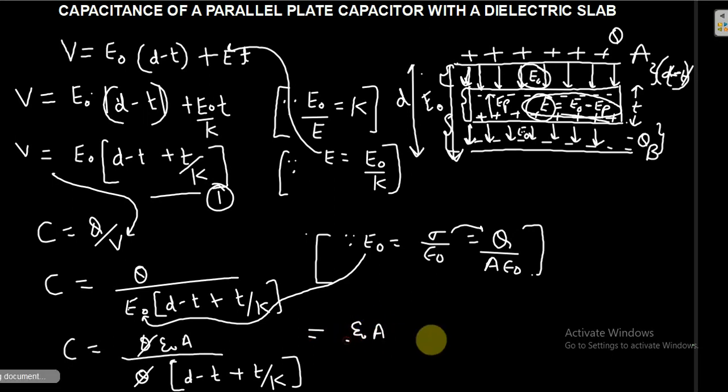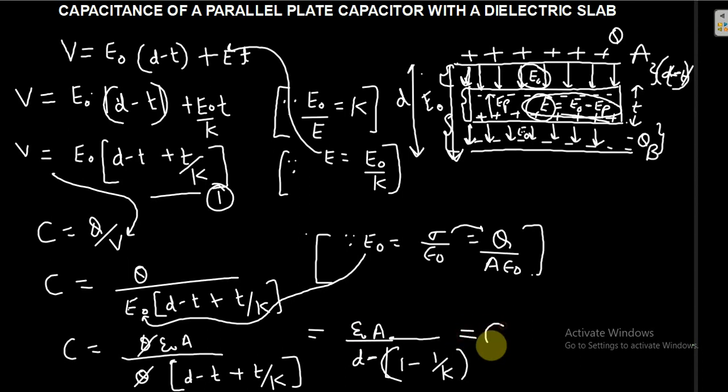In the next step, you can take T common. So D as it is, take T common, here 1 minus 1 by K. So in this way you will get the expression for C. This is your capacitance of a parallel plate capacitor when a dielectric slab is in between.